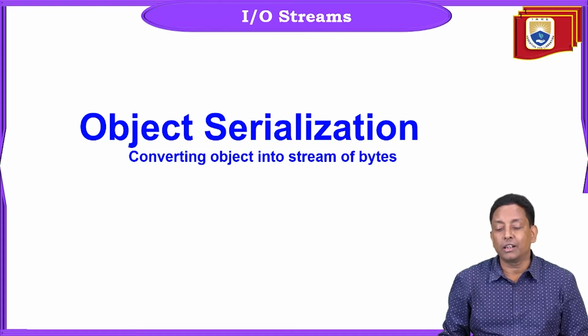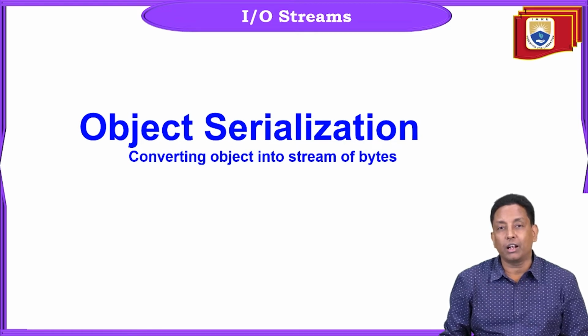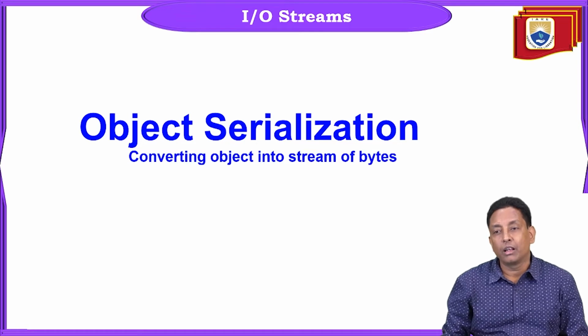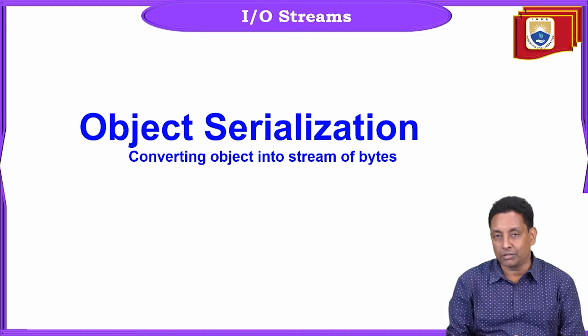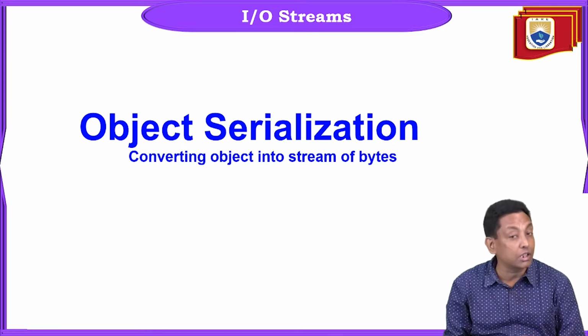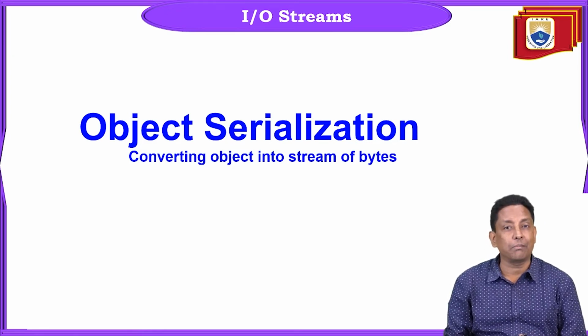Object serialization is one of the common concepts in most object-oriented programming languages, especially the languages which have network capability.